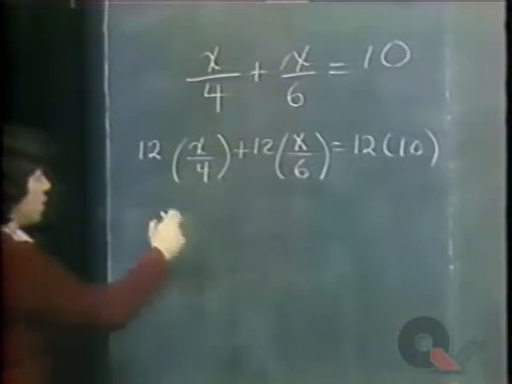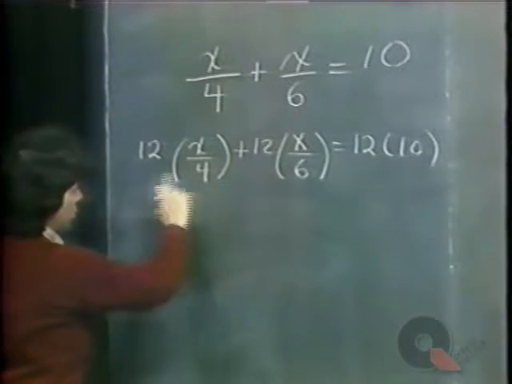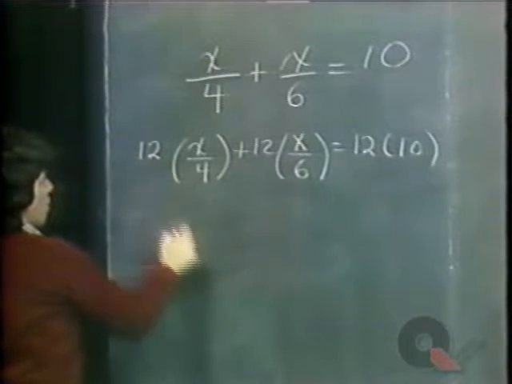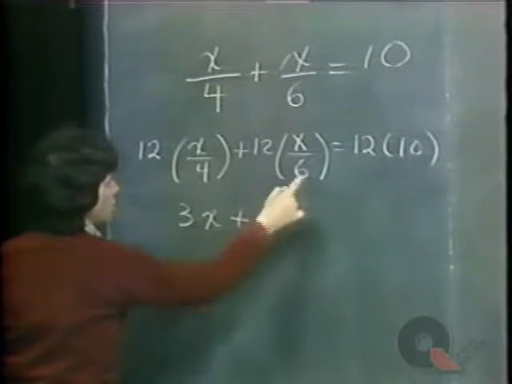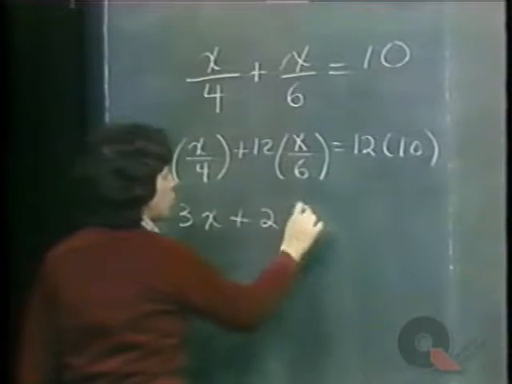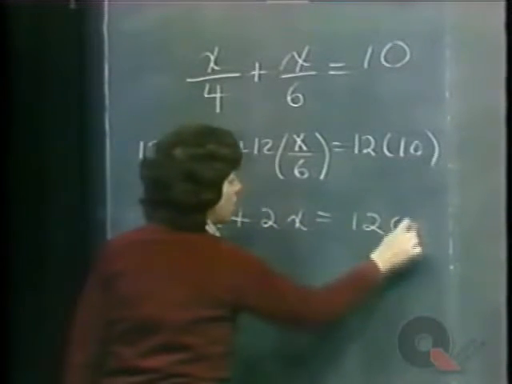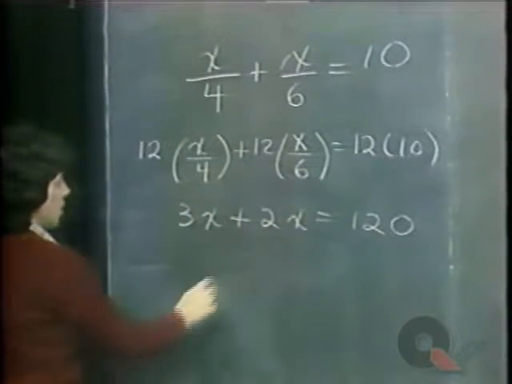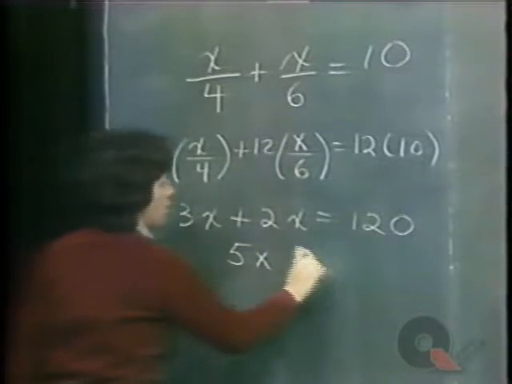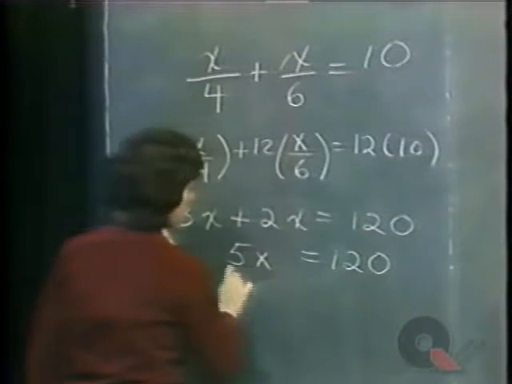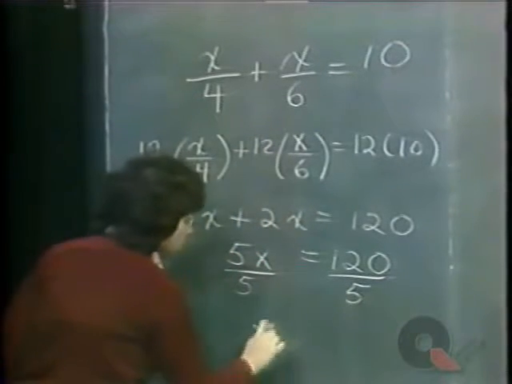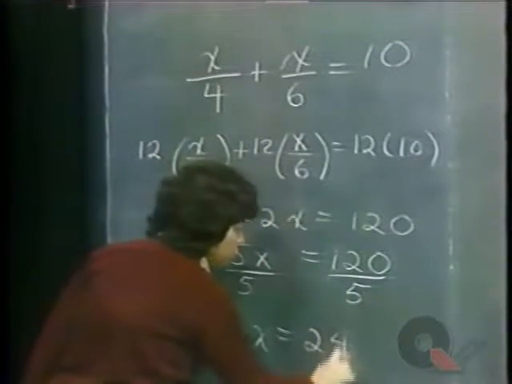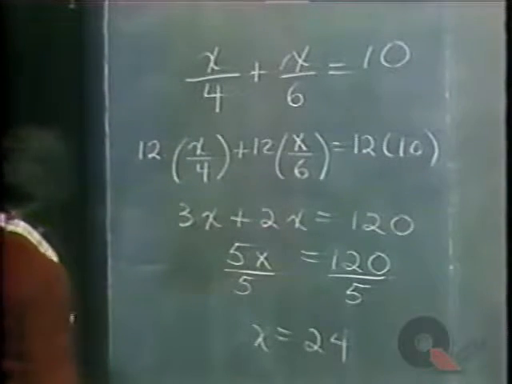Therefore, we will not have any fractions when we simplify here. 4 goes into 12 3 times, so this leaves us with 3x. 6 goes into 12 twice, plus 2x is equal to 120. That is 5x equals 120. And dividing both sides of this equation by 5, we get x is equal to 24 as our answer.